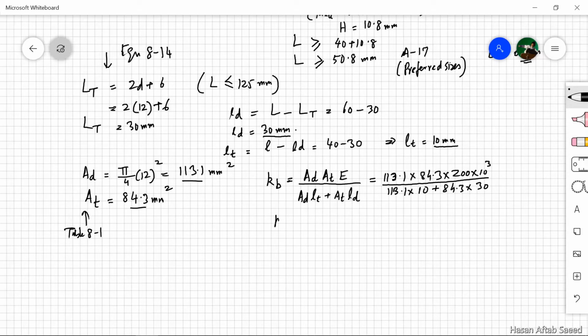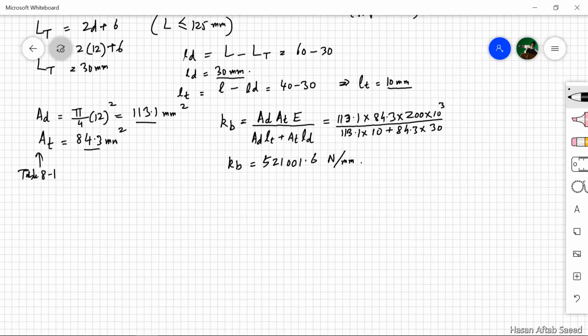I converted GPa into MPa, and all the other areas and lengths are in millimeter or millimeter square, so I get the value in Newton per millimeter. So please be consistent in this. You can use any set of units, but be consistent.